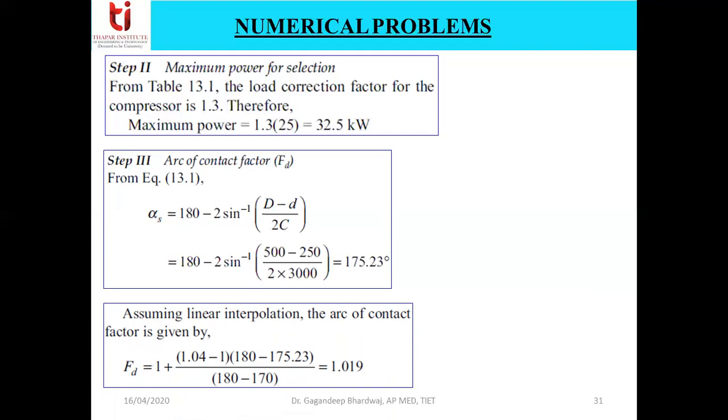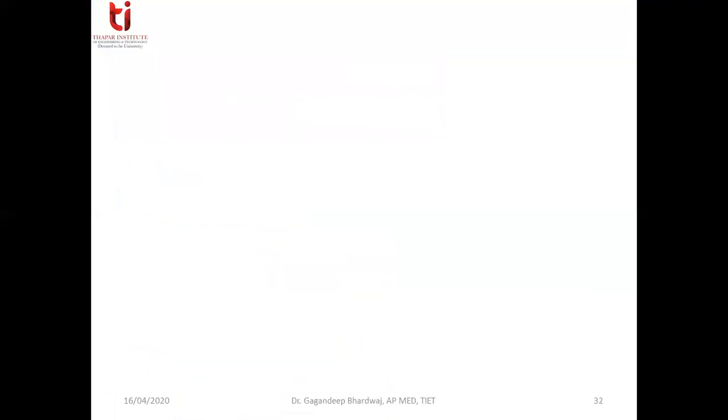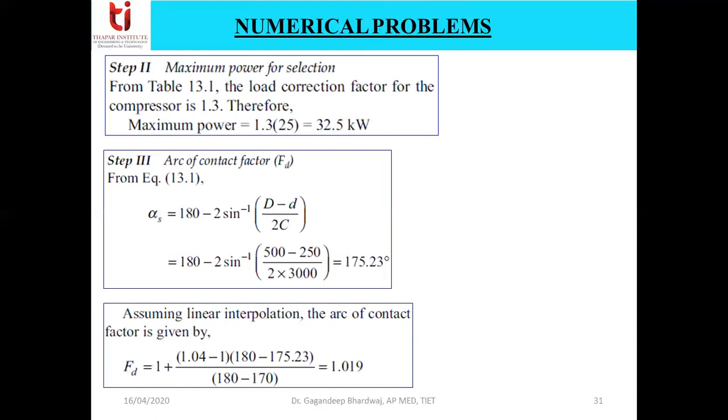In this case, the angle comes out to be 175, so it is between 170 and 180. So we will use linear interpolation between 170 and 180 to calculate the value of FD for an angle of 175 degrees. So we have calculated the value of FD as 1.019.